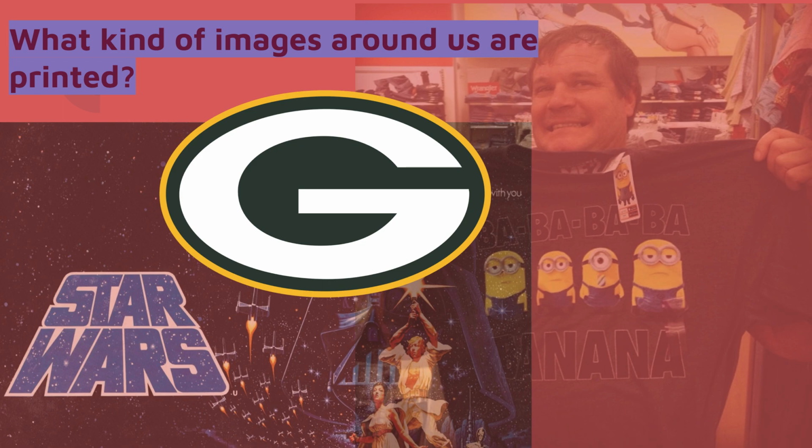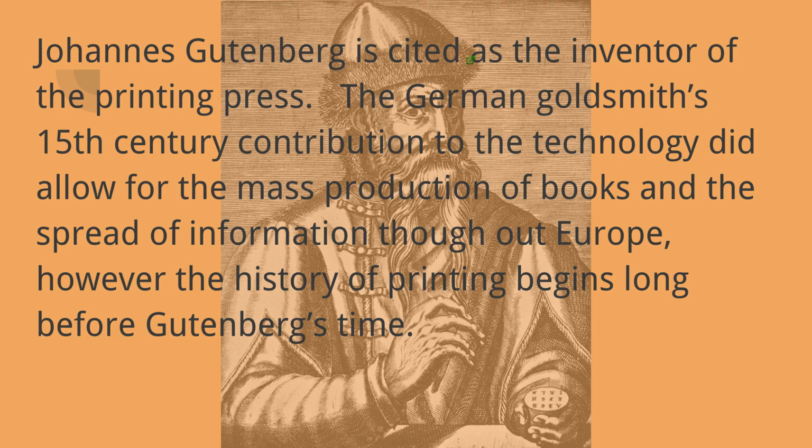So some of the imagery up on the screen here shows posters can be printed, books can be printed, magazines, clothing, all sorts of things, so that you can repeat the same pictures over and over, or the same words over and over. So printing has been around a really long time. There's a printmaker named Johannes Gutenberg that's cited as the inventor of the printing press.